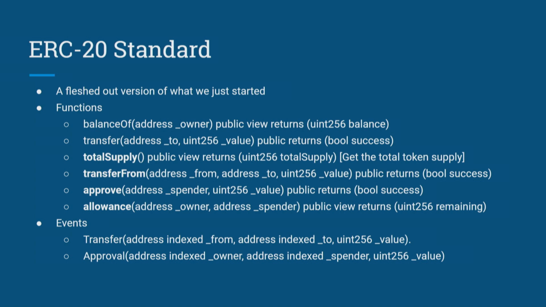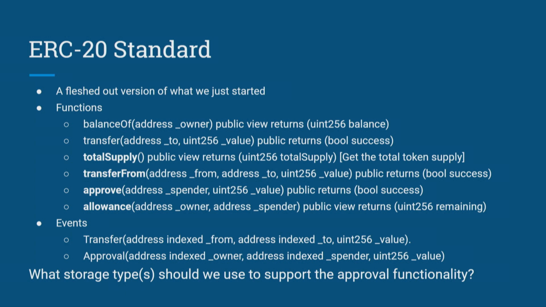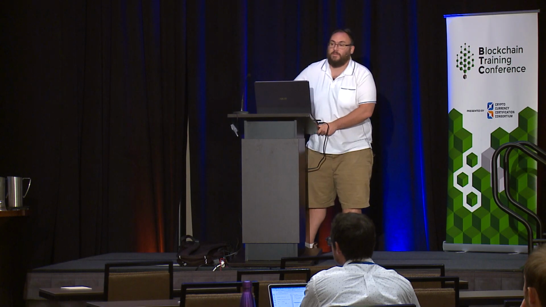There's a couple events as part of this standard, very useful. So here's a question, right? If we're going to allow this extra functionality, this transfer from and approve functionality, what storage data type do we need to add to our token contract? Another mapping?